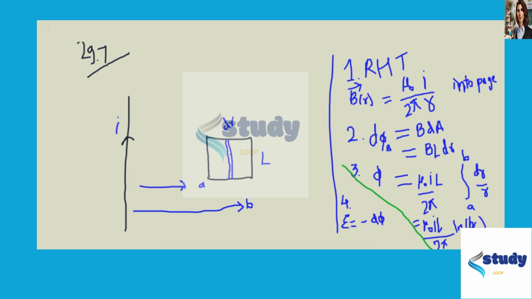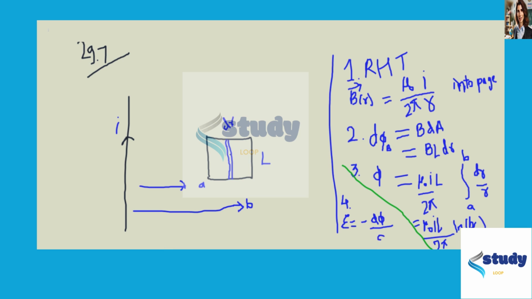This is the flux here that goes through the loop, and the change in flux and flux might be in totally different directions. Like I said earlier, if the current was decreasing, the change in flux would be actually upward, even though the flux is going inward. Keep that in mind.